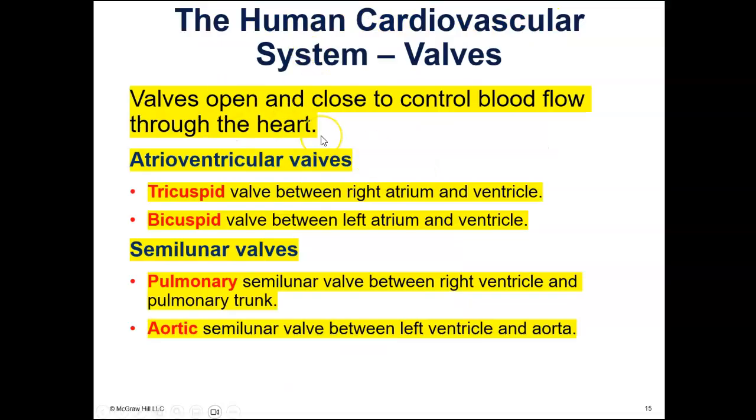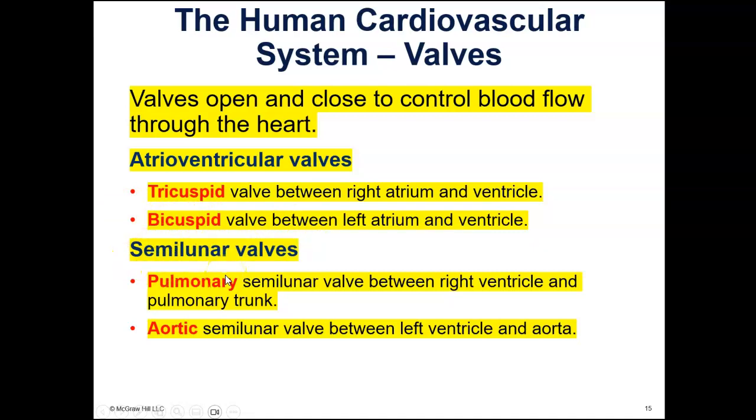Now, the valves of the heart are to prevent the backflow of blood. So the AV valves, or atrioventricular valves, are the valves that separate the atria and the ventricles. We have the tricuspid valve that separates the right atrium and ventricle, and the bicuspid or mitral valve that separates the left atrium and ventricle.